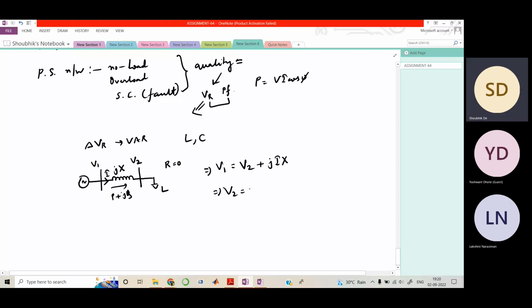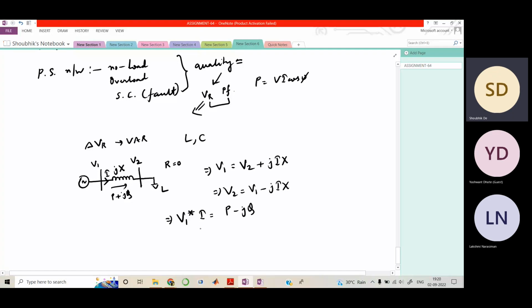So V2 would be V1 minus jIX. And the apparent power being delivered from the sending end, since we had seen earlier, would be S star, which is P minus jQ, right?